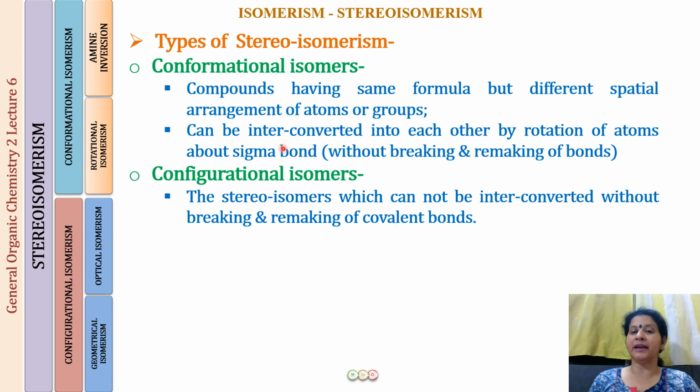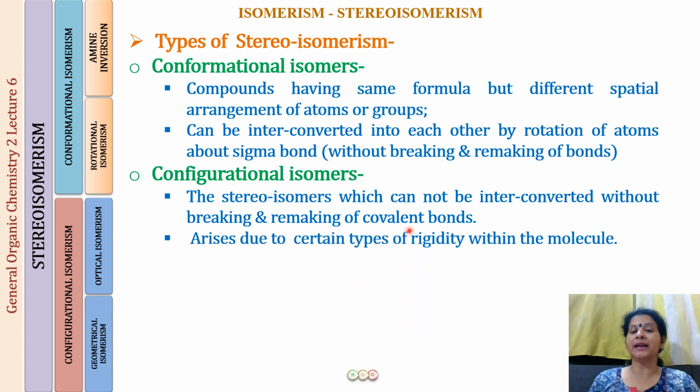Conformers can be interconverted by the rotation of the atoms about the sigma bond, whereas configurational isomers cannot be interconverted without breaking or remaking of bonds. For these, we will not have a freely rotating single sigma bond. What we will have is a certain type of rigidity within the molecule, which does not allow the two forms to interconvert.